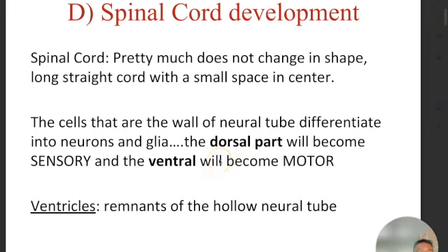Usually things like what we saw with the water sensation, when you touch the water, if you go back and look at that picture, that pathway goes to the back of the spinal cord, which is the dorsal part, the sensory part. And then it goes all the way up to the brain, and then it will process the information and come back through the ventral part. If you remember, the ventral means the anterior portion of your nervous system.